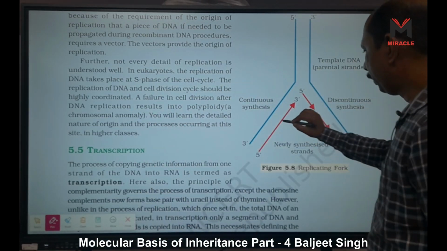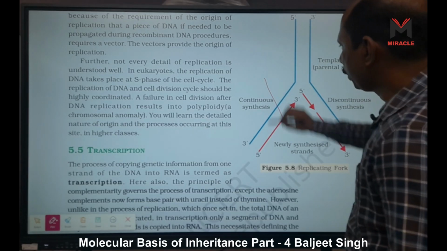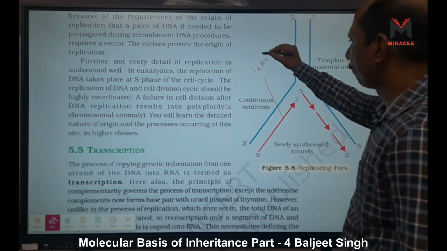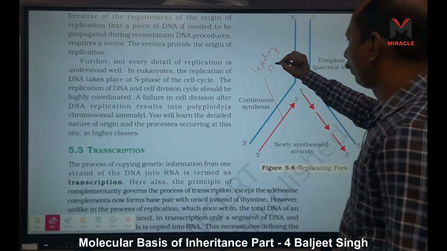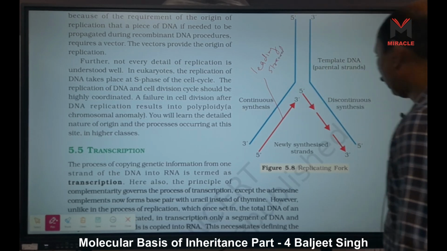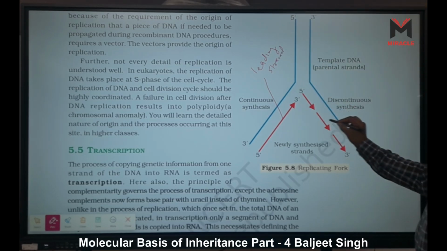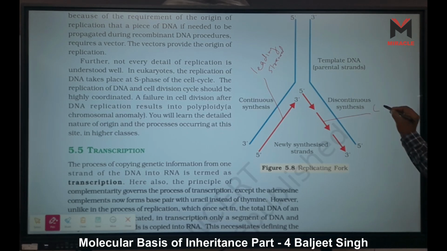Look here, this one is the continuous strand. The continuous strand is called the leading strand. And on this side, these are discontinuous strands, which are called the lagging strand, right?